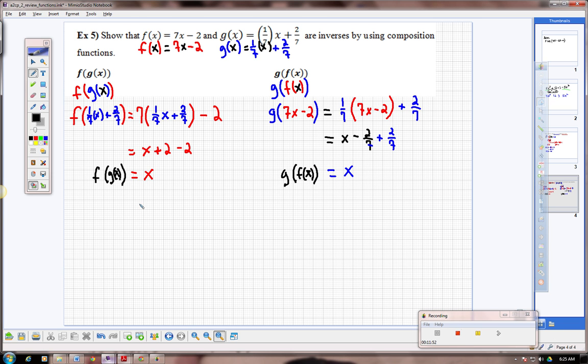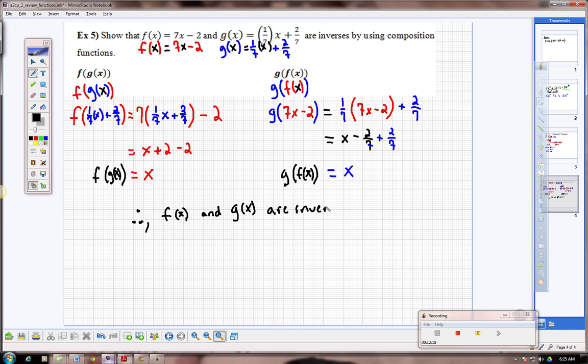So I can declare these two equal, and I say therefore, remember this little triangle means therefore in math, therefore f of x and g of x are inverses of each other.